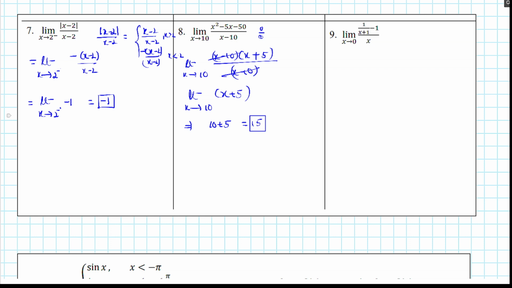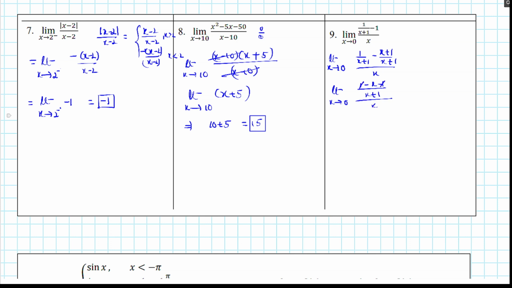Here, by direct substitution, you will get the indeterminate form. So we have to simplify this expression. The limit as x tends to 0 of 1 over x plus 1. Can we write 1 as x plus 1 over x plus 1 over x? Now we have the limit as x tends to 0 of 1 minus x minus 1 over x plus 1 over x.